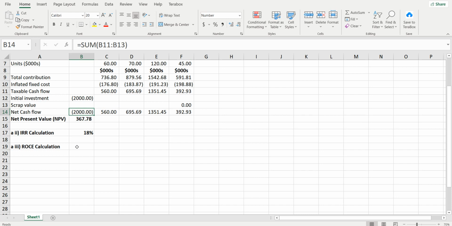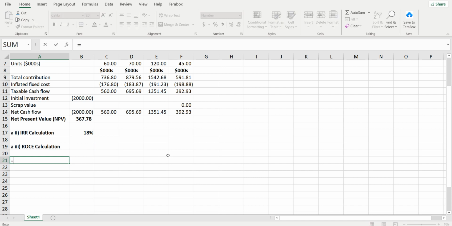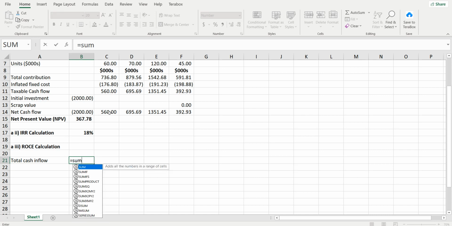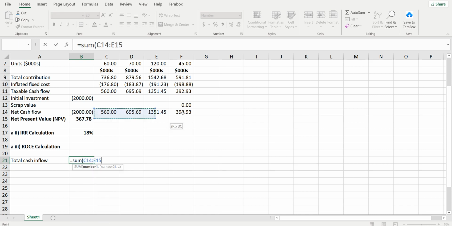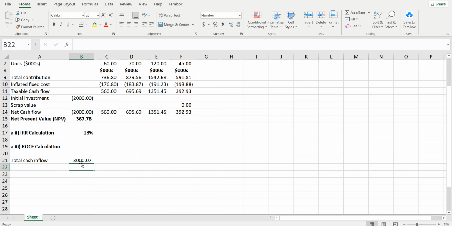So what we can do is net profit. So let's do the total cash inflow, which is this. So I can just do sum of the inflow. So now we have total cash inflow here, and now we can just do the profit.